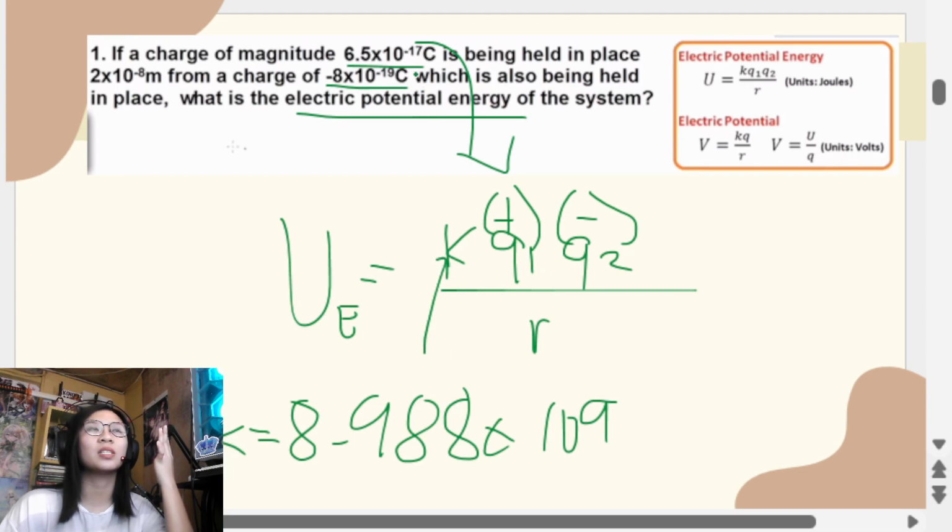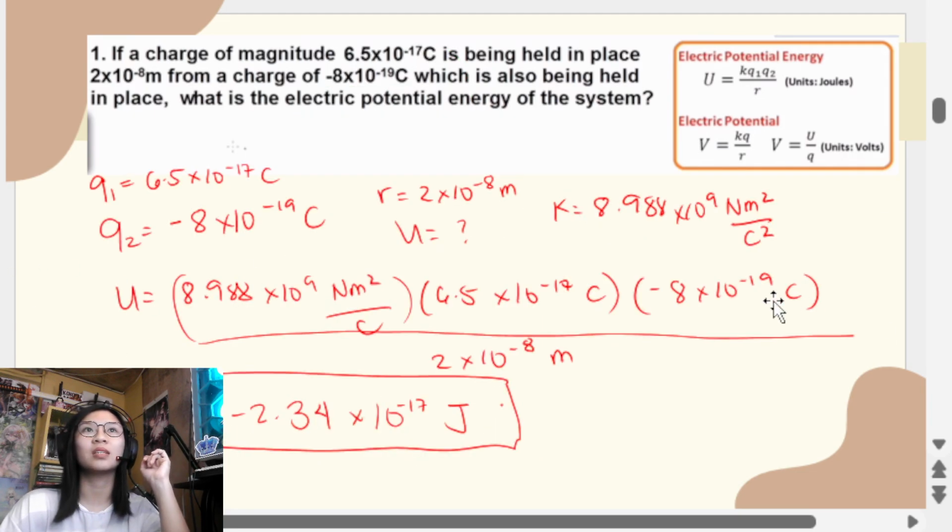Your Q1 is 6.5, then Q2 is negative 8 times 10 raised to negative 19, and your R is 2 times 10 raised to negative 8. If we are to solve that, it will be this.